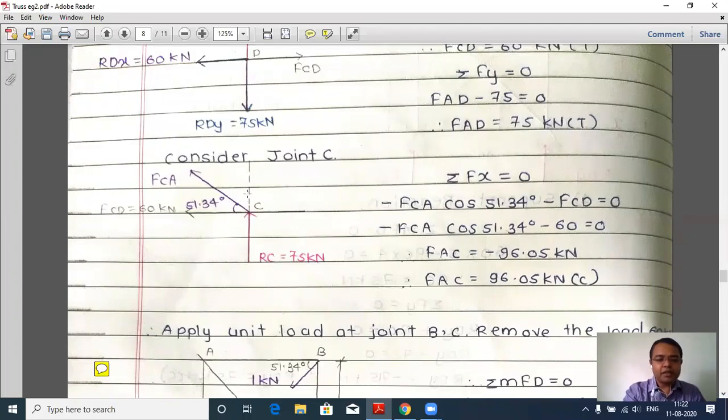Actually, this member FCB is also there, but that is 0, as we have already found out. That's why I have not shown that member.